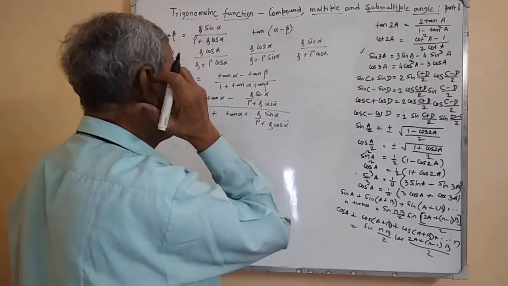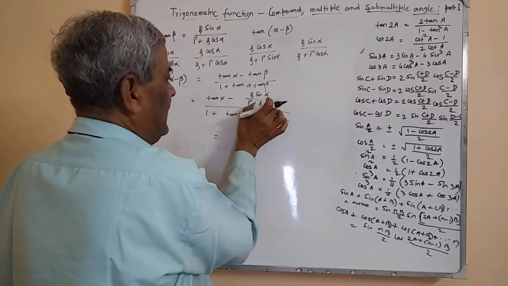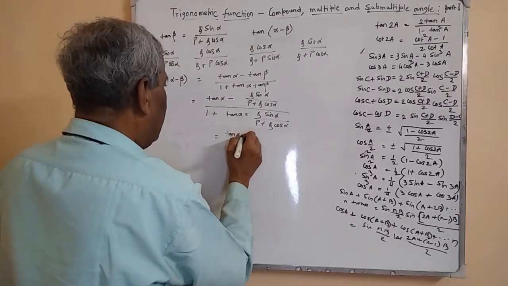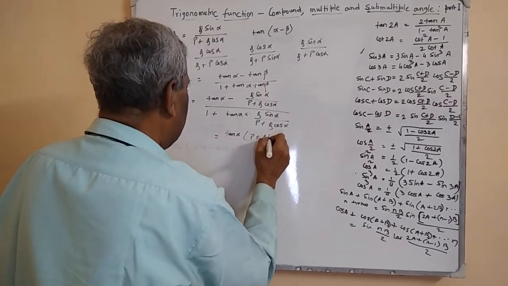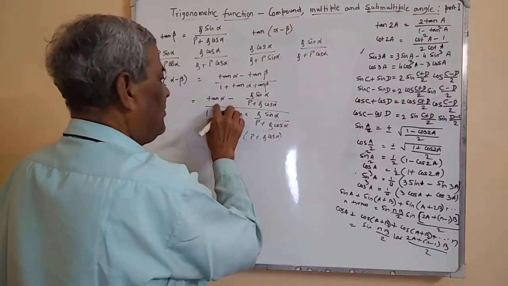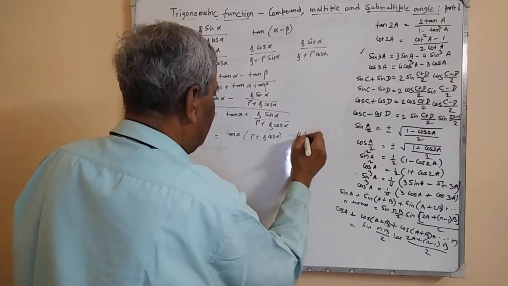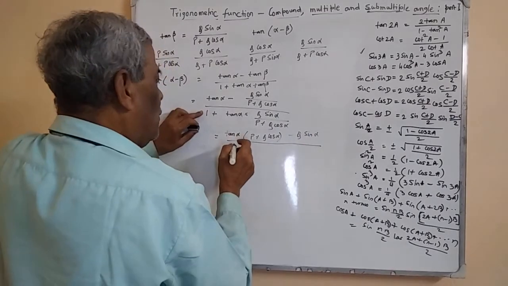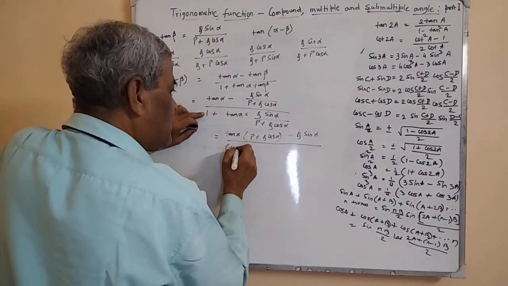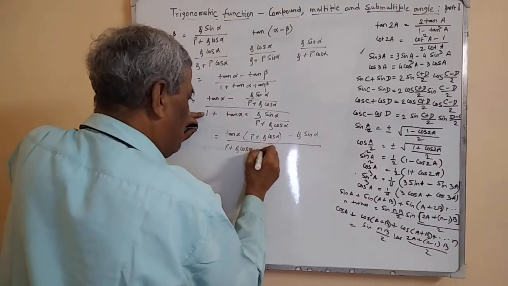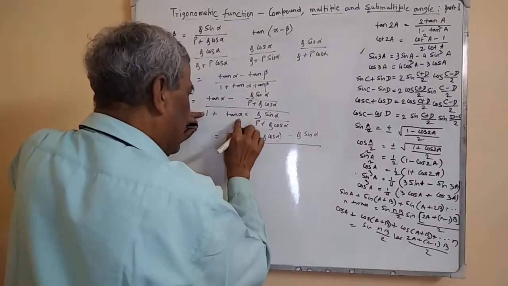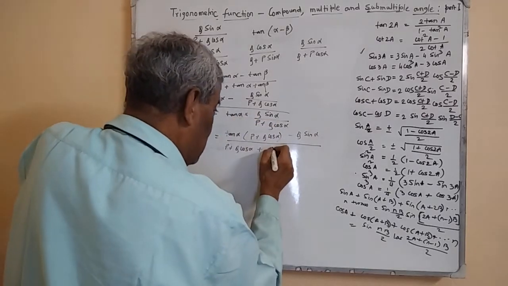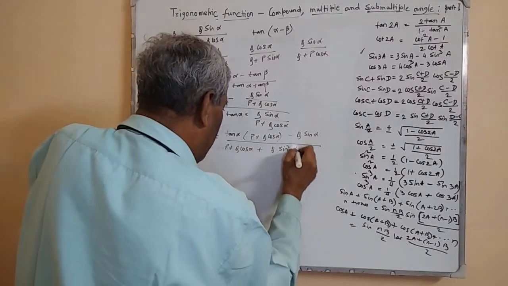Now multiply numerator and denominator by p plus q cos alpha. So tan alpha into p plus q cos alpha minus q sin alpha, by 1 into p plus q cos alpha plus tan alpha into that. Tan alpha is sin alpha by cos alpha, so it is q sin square alpha by cos alpha.